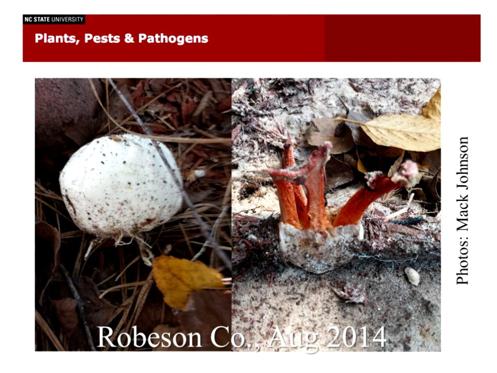Changing gears a little bit, this is a photograph, or actually two of the 4 photographs that Mac Johnson uploaded from Robeson County this month. The homeowner was concerned about the strange objects in the mulch in the landscape beds. They started out as sort of egg-shaped structures, you can see on the left, and then these orange horns came bursting out of them.